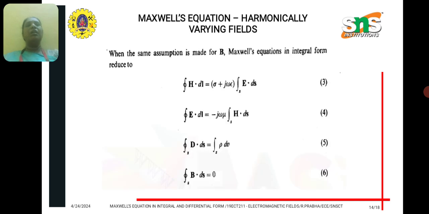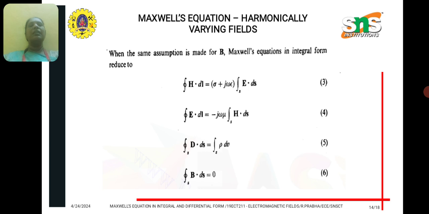By substituting all these values, we can write Maxwell's equations for harmonically varying fields as: integral of H dot dl is the integral of (sigma plus j omega epsilon) E dot dS, and integral of E dot dl is minus j omega mu times the integral of H dot dS, the integral of D dot dS equal to the integral over the volume of rho dv, and the integral of B dot dS equal to 0.